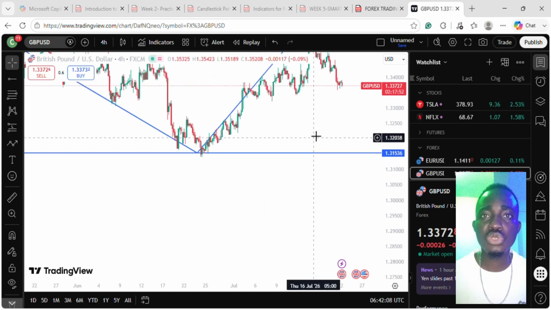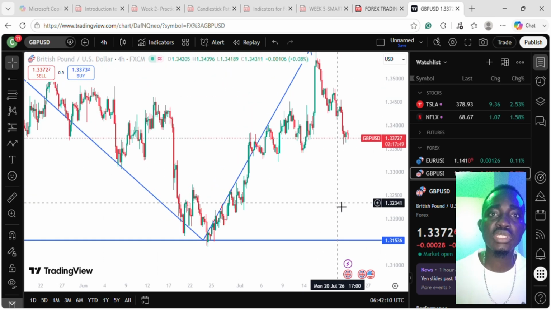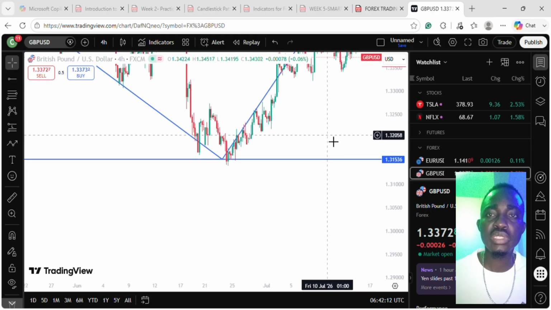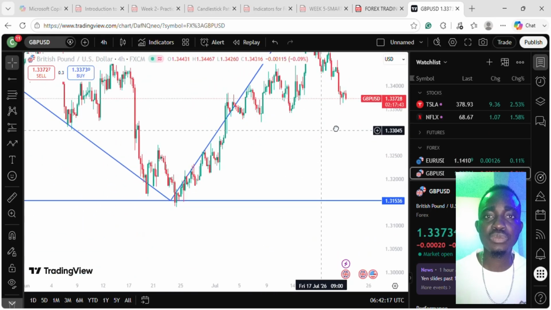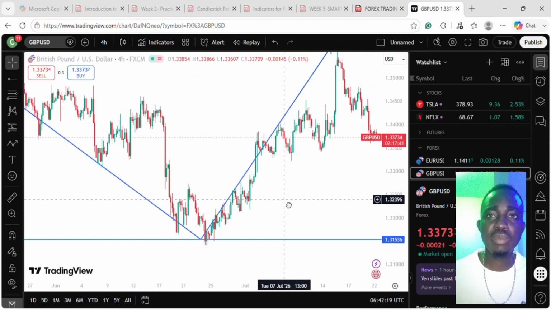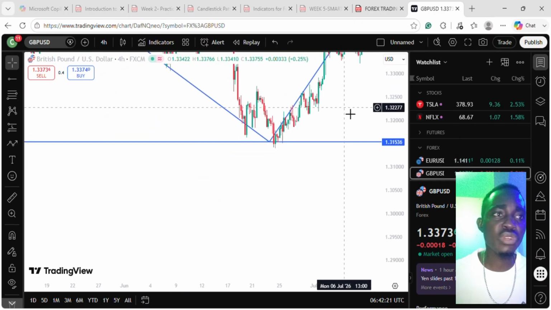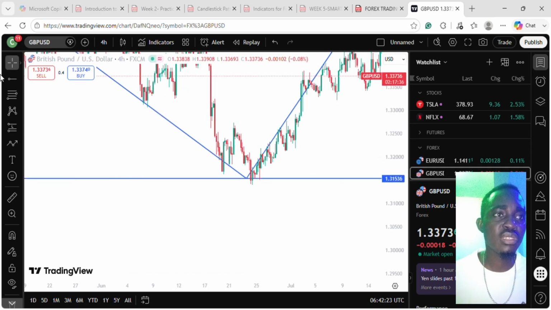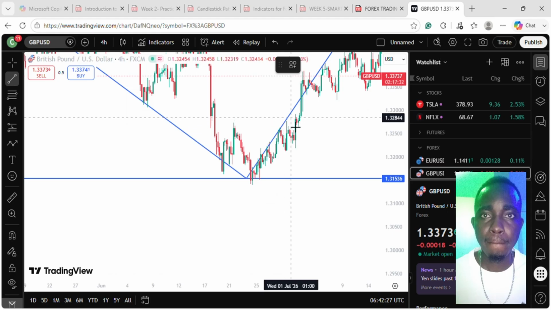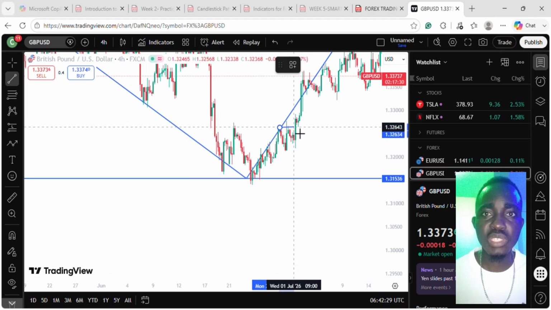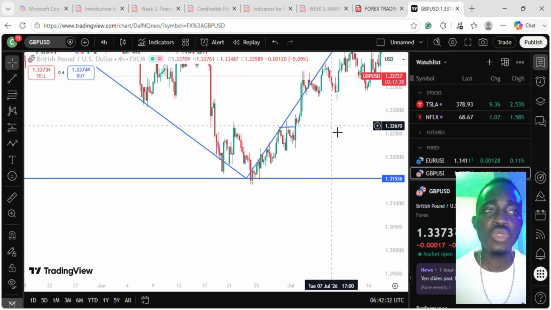I want to show you guys something here. Price has been going up. Now that price has been going up, our first break of structure, let's use this one. Price broke that level.